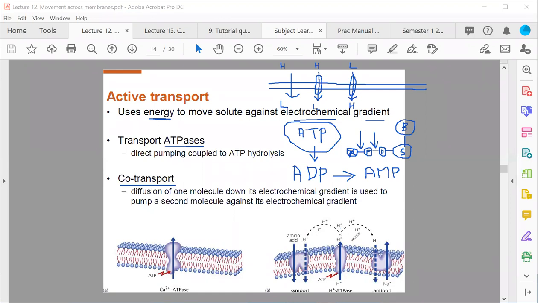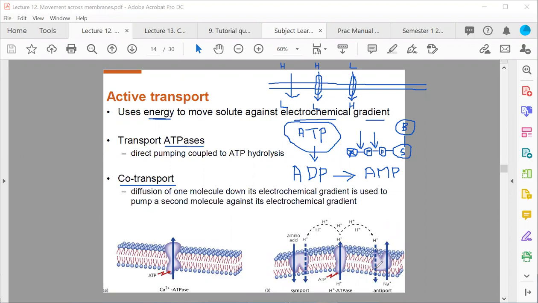All right, so that's one type of co-transport. Let's look at the other side of this membrane here. Here we've got a different type of active transport protein. So it still allows the protons to passively diffuse back down their electrochemical gradient.